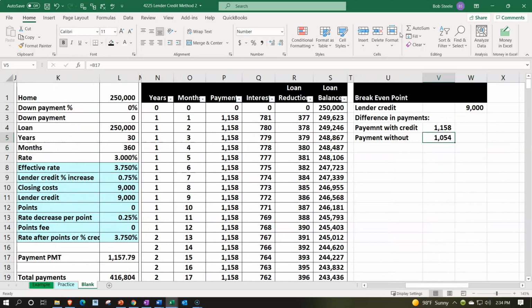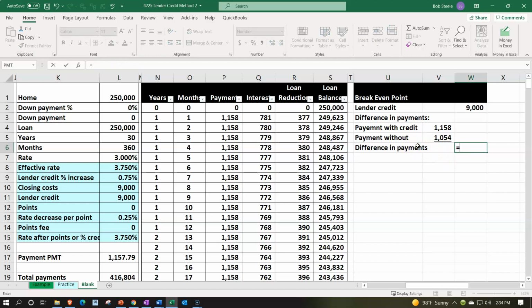Let's underline that by going to the font group and underline. And so we have the difference in the payments, which is equal to the 1158 minus the 1054. So we got a $104 difference about.